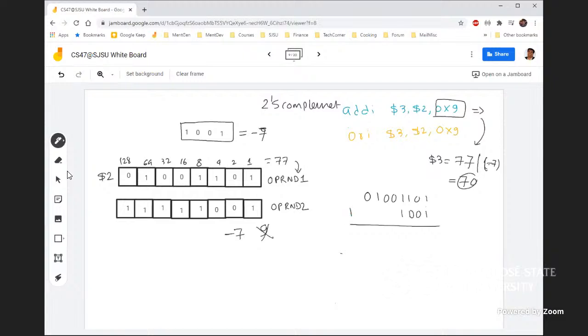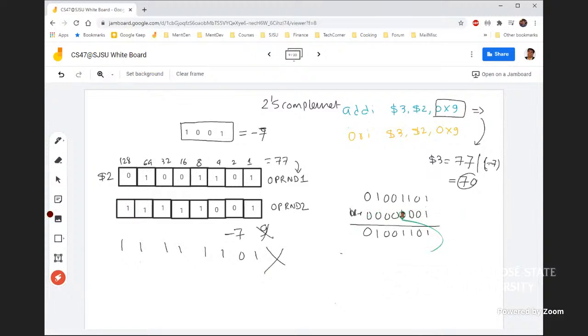A logical OR operation assumes zeros here, so the expected result is 0, 1, 0, 0, 1, 1, 0, 1. In this scenario we really cannot do sign extension. If we did, we would end up with a result of 1, 1, 1, 1, 1, 1, 0, 1, which is completely wrong. We wanted the other one.